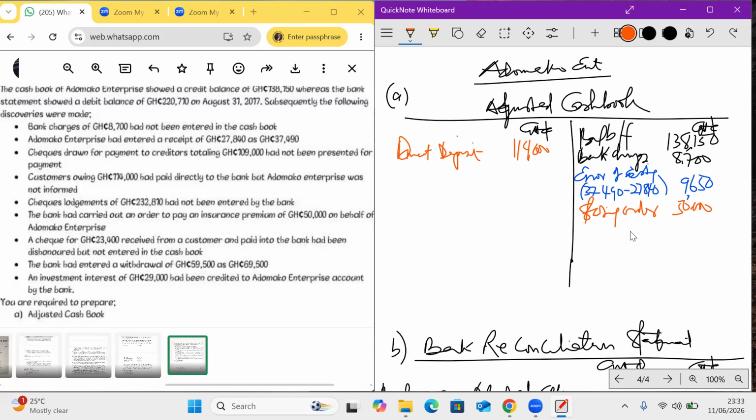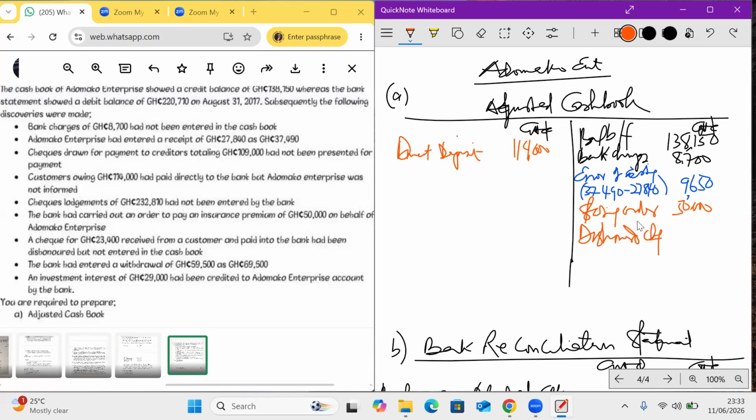A check for 23,400 received from a customer and paid into the bank had been dishonored but not entered in the cash book. So I'll say it's a dishonored check and it's going to the credits.